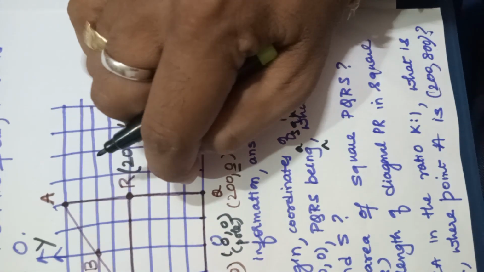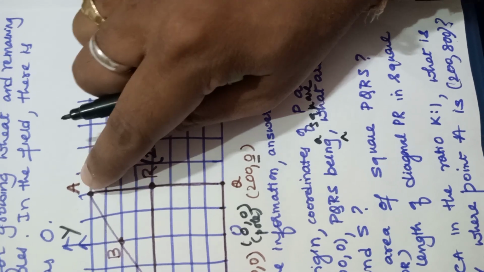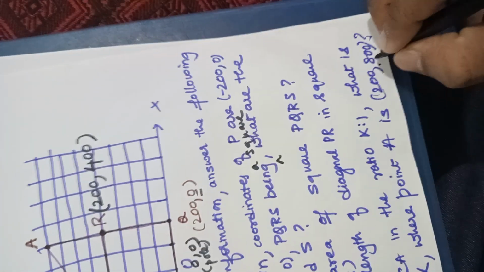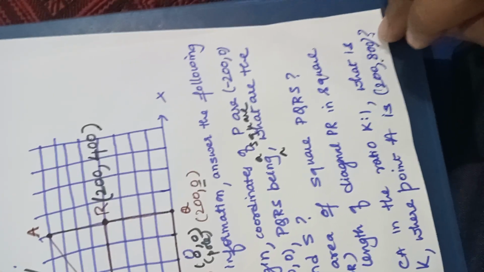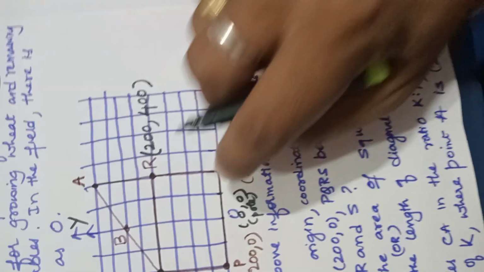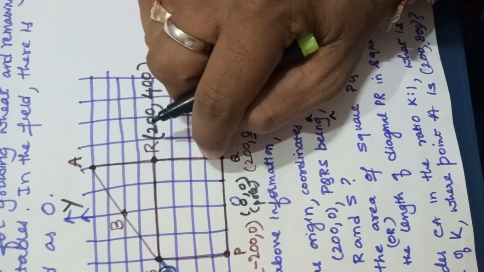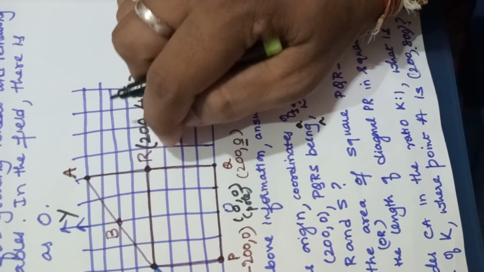How many units is it away from the x-axis? 1, 2, 3, 4, 5, 6, 7, 8. So 8 units of this graph should be equal to 800. So 8 units is equal to 800 means 1 unit will be equal to 100. In this way also we can confirm that the value of 1 unit in the vertical direction is 100 units.